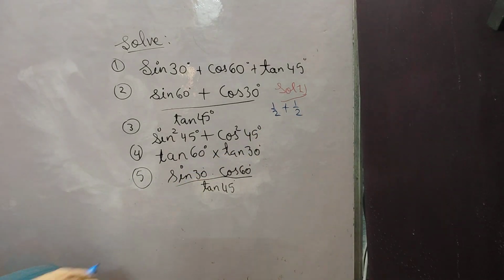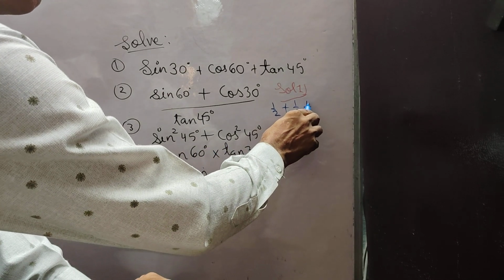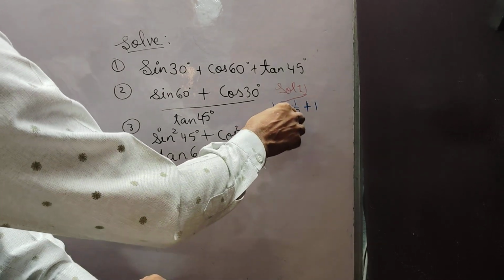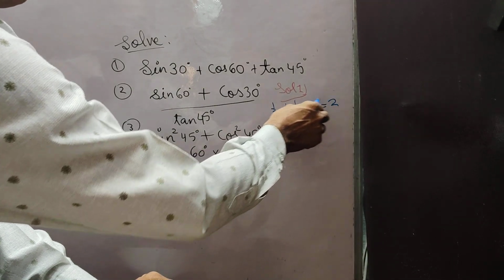No, cos 60 is 1 by 2. 1 by 2, yes. Next tan 45. 1. So half and half makes 1 and 1 plus 1 makes 2. So the answer is 2 for this first solution.